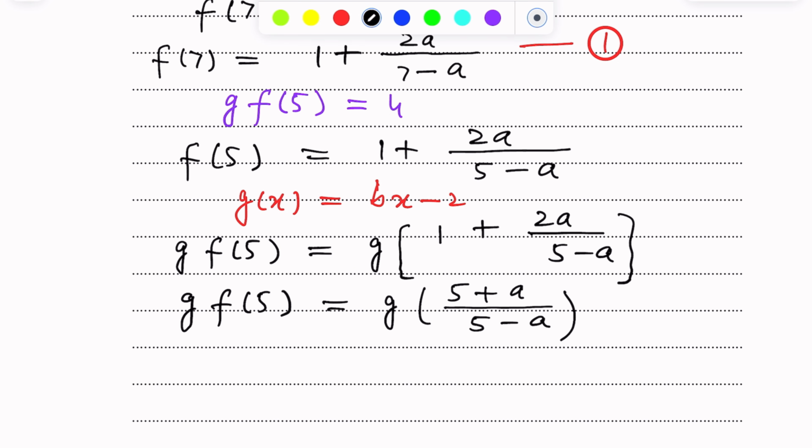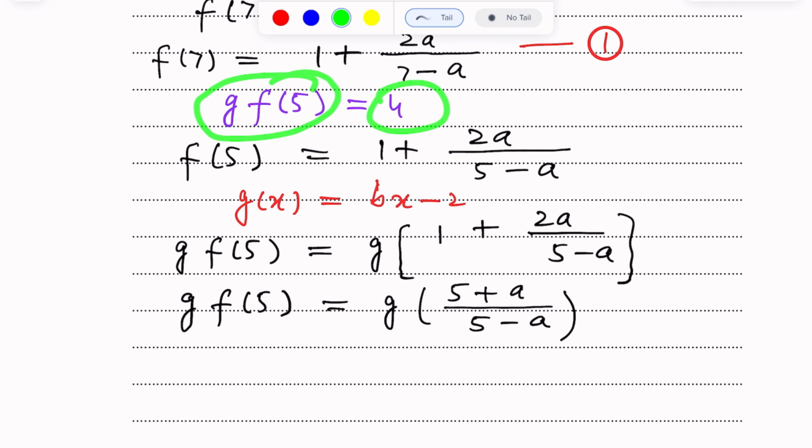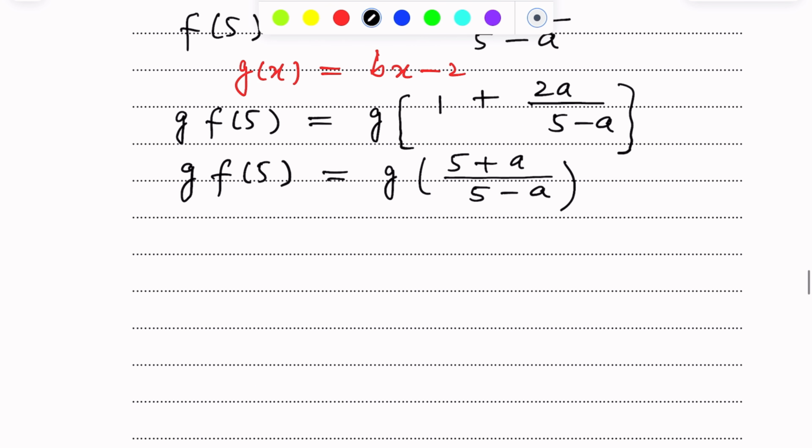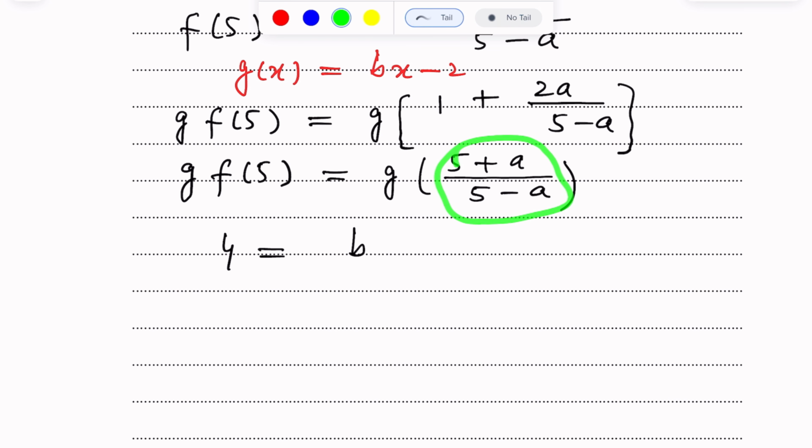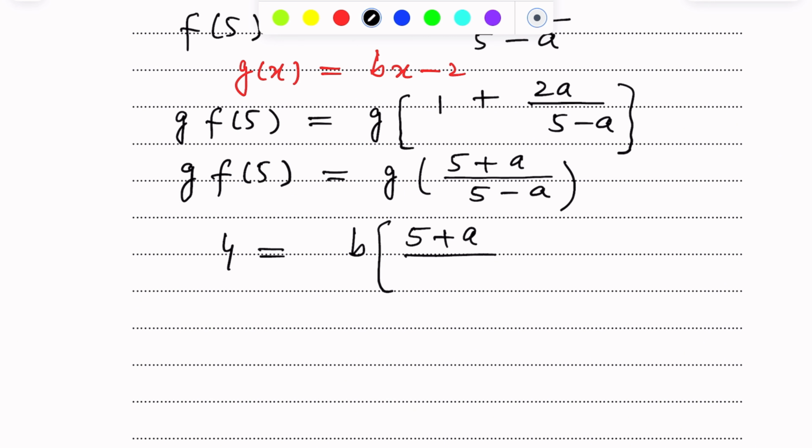So this will become g of f(5). g of f(5) is equal to 4. So we are writing here 4 is equal to b into 5 plus a over 5 minus a minus 2.